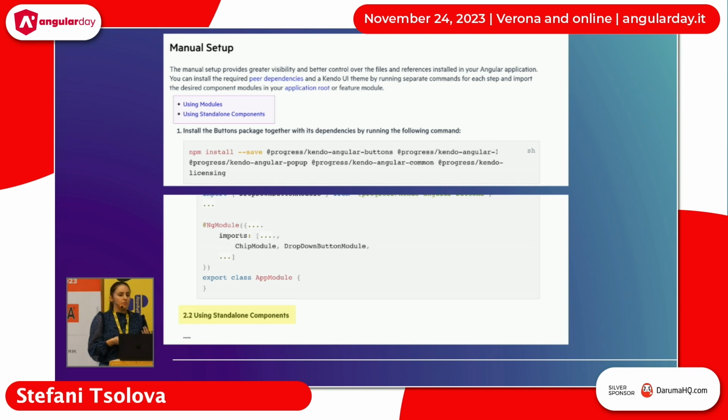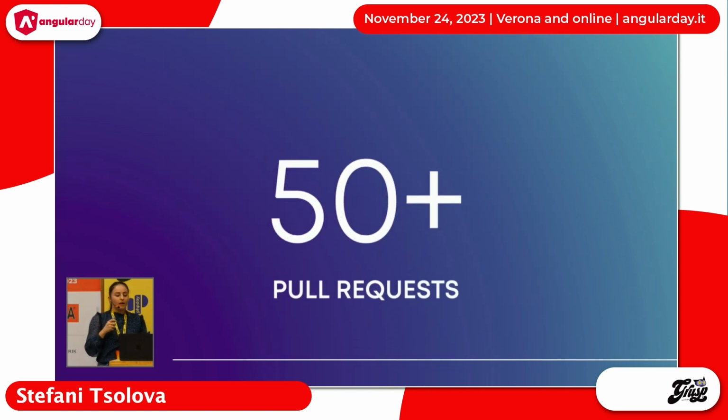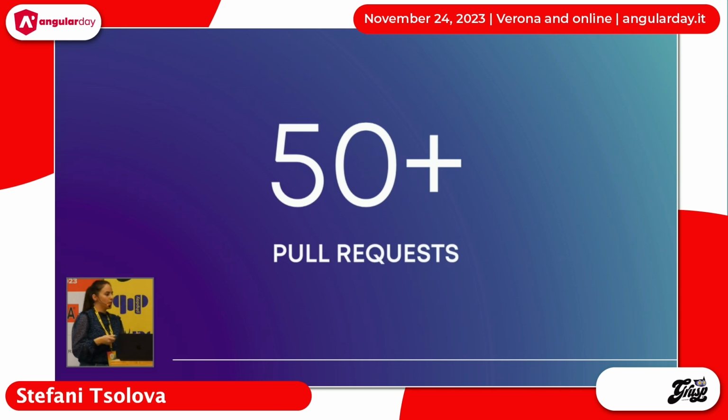Well, this seems pretty simple, and it is just a documentation change, really, but for us that meant 50 or more pull requests, because we had 50 repositories, and each one of the components has a separate section for how to be used in modules or standalone components.